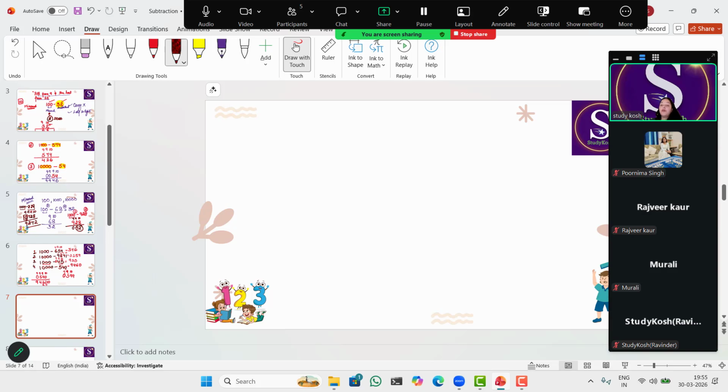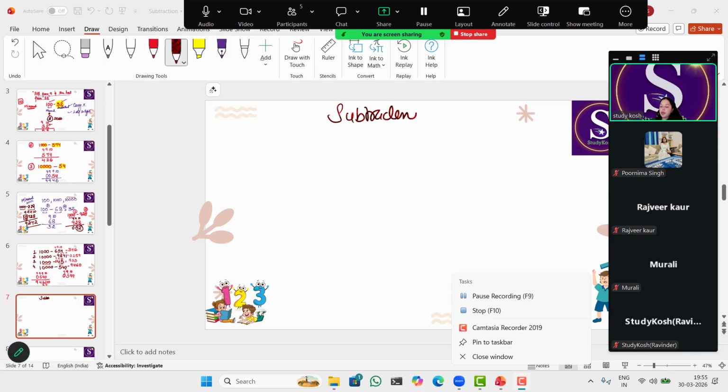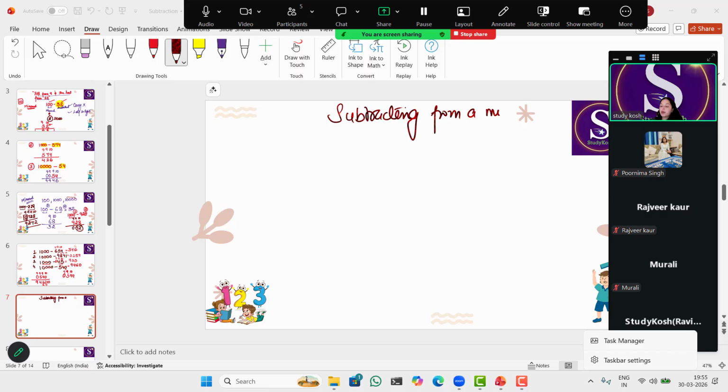So what do we mean by multiple of base? Multiple of base means 700, 800, 80, or 5000. So we can write it as 5 into 1000, 7 into 100, 8 into 100, and 8 into 10.